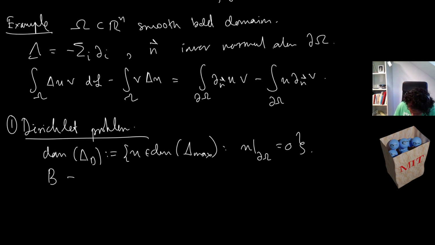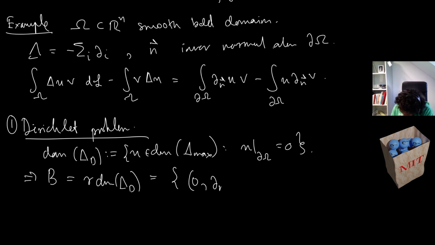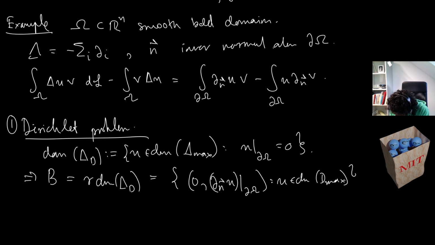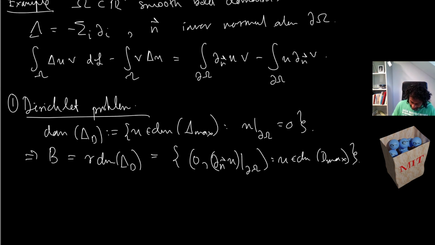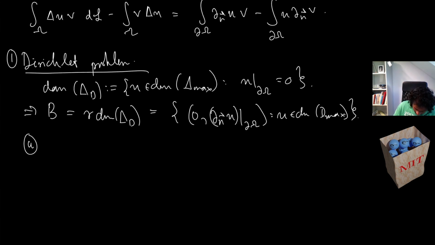The corresponding boundary condition B is equal to gamma of dom d max, and gamma of dom d is precisely equal to 0. And then I'm going to have the normal derivative of u restricted to the boundary, such that u is in dom d max. Okay, so the first thing is that this is a self-adjoint operator.